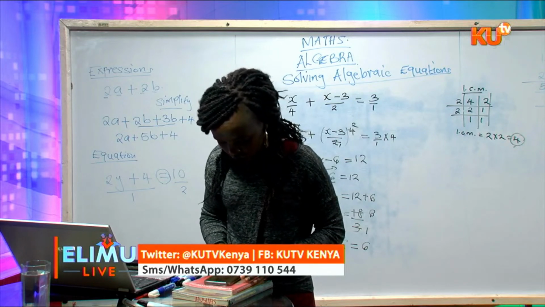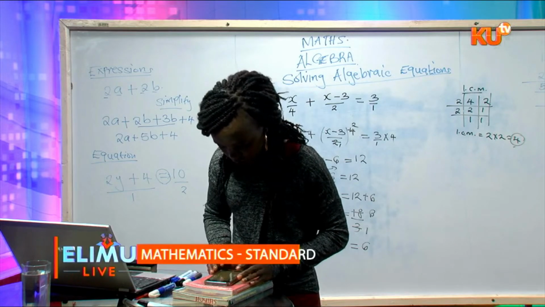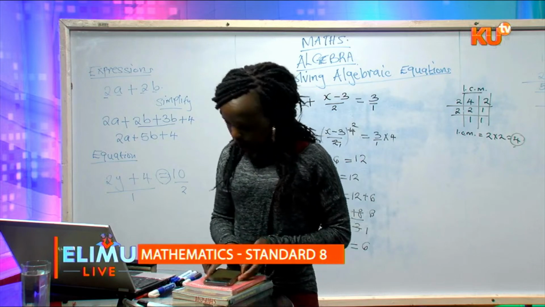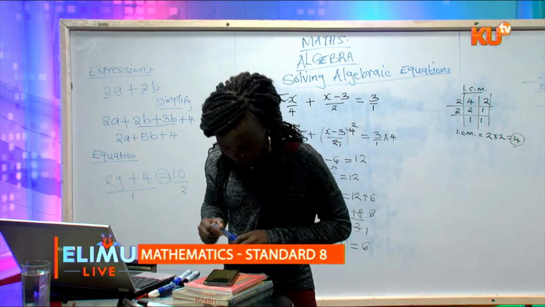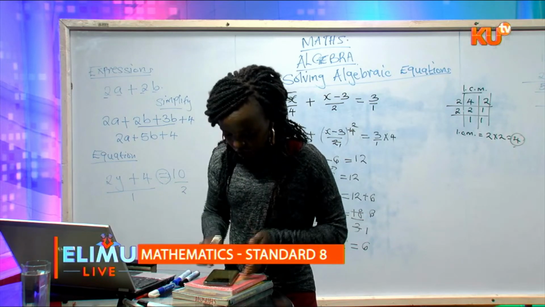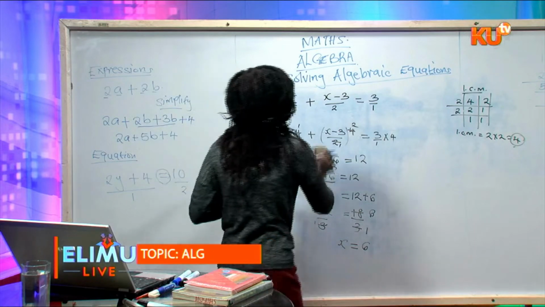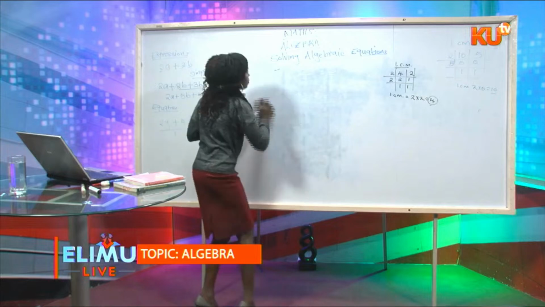Now I want to check some questions here, 1 or 2. Somebody is asking a question here: 5 over 6x plus 2. So we can help the person solve this as we wind up.